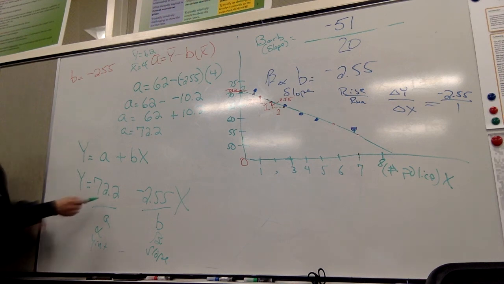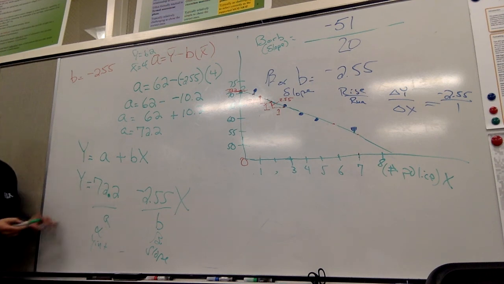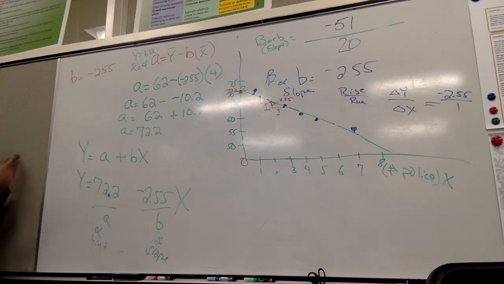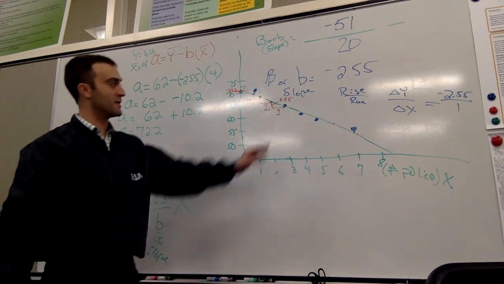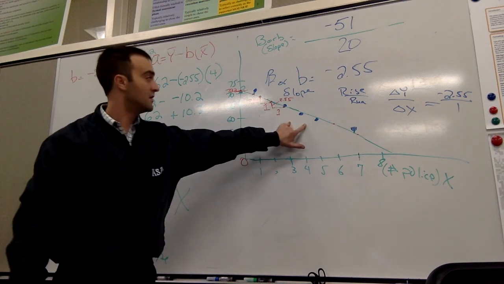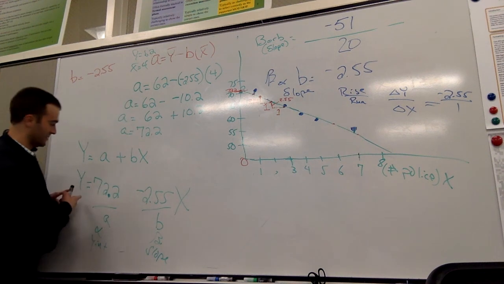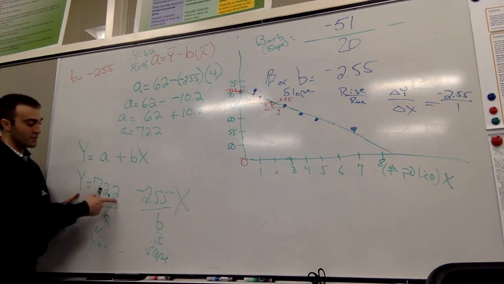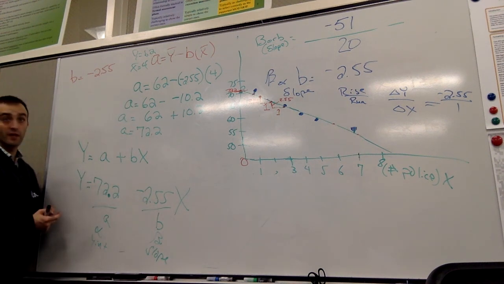And so we calculate that as 72.2. And so that's the exact equation of that green line. Questions? This is what your regression computer will do. If it's a best fitting line through observed data, this is the best straight line that fits that data. And the equation of that line is y equals 72.2 minus 2.55x.